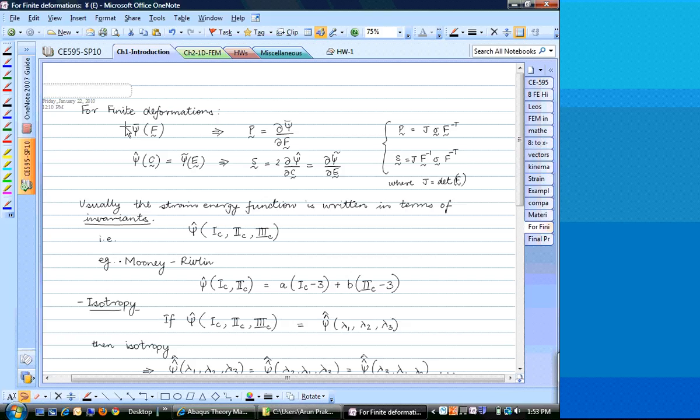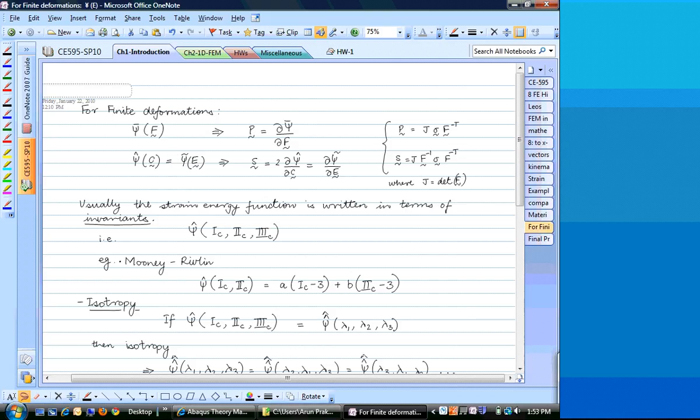So for finite deformations, this hyperelasticity holds for finite deformations also. But in finite deformations, the strain energy density function is a function of either your F, which we talked about last time, F is the deformation gradient, or it is a function of C. Now C was F transpose F, which was a deformation tensor.